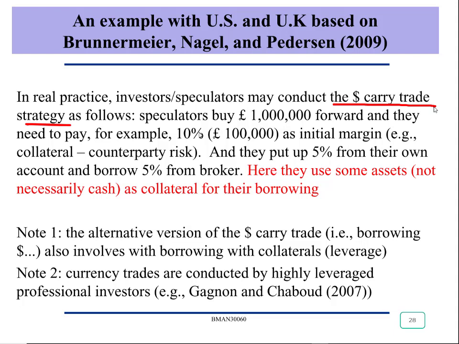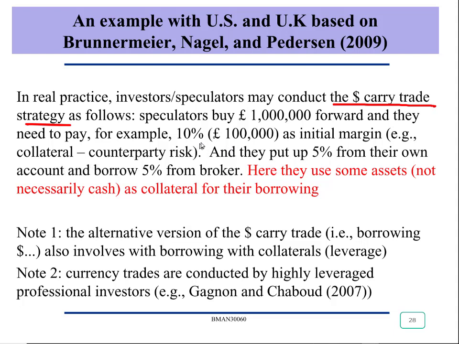However, in real practice, speculators need to pay a certain portion of their forward contract as initial margin. They will get this back at maturity, so it is not actually a payment. They will get it back for sure next time, but still they need to put it up as an initial margin or collateral to prevent, for example, counterparty default risk.